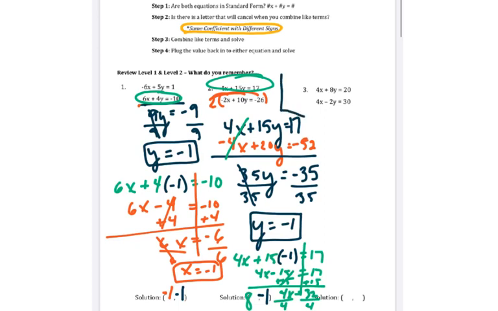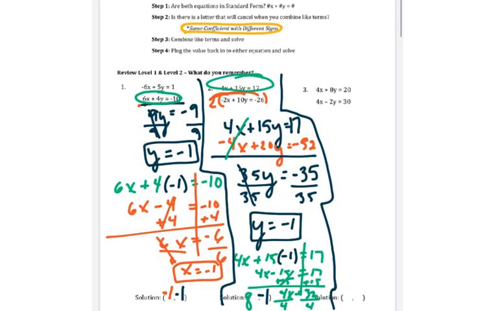Okay, so now you're going to try the same thing with number 3. In number 3, we do not have a letter that is ready to cancel yet, but we do have one that's almost ready. If we look at these x's, 4x and 4x, we can almost get those to cancel.